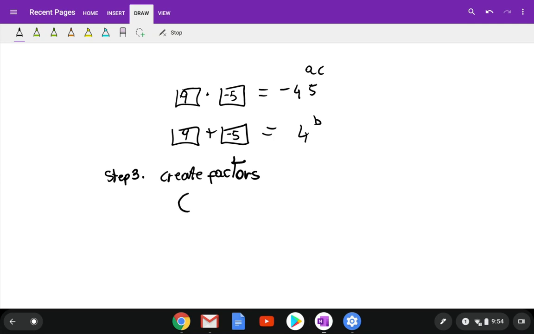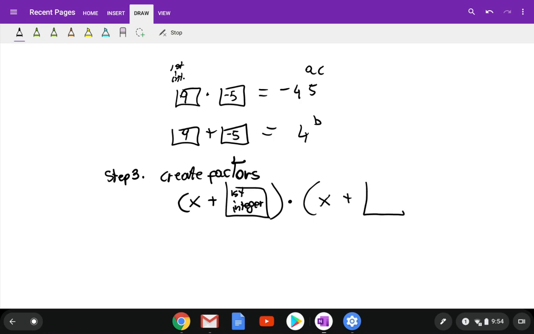The first parenthesis will have x plus the first integer, times x plus the second integer which we found.